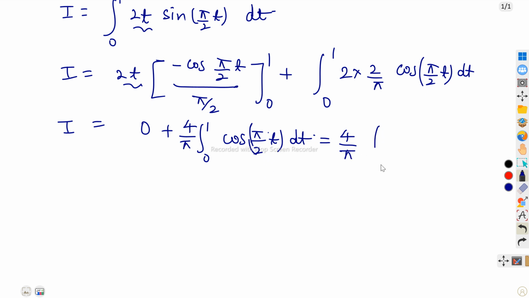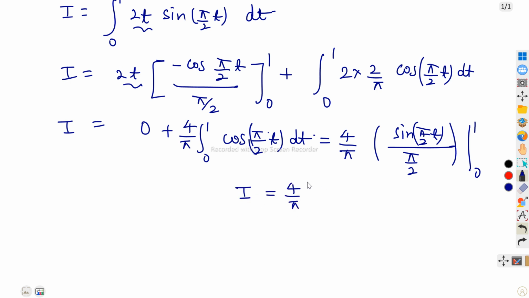Again, the integral of this cos is sine(pi by 2 t) upon pi by 2, and we take the limit from 0 to 1. Again 4 upon pi, times sine(pi by 2) minus sine 0, upon pi by 2.